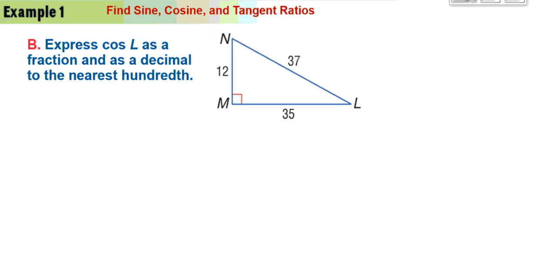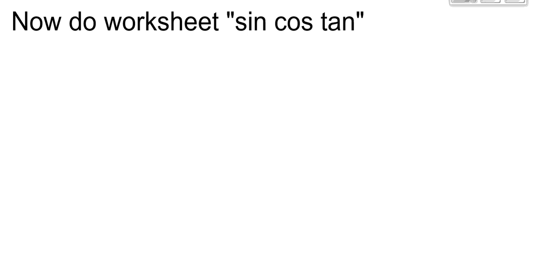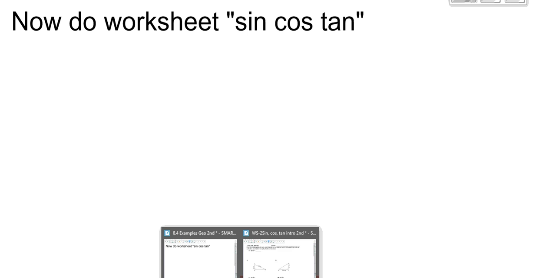Now, the next thing, and we kind of did all those on one paper. The next thing we're going to do is work on the worksheet sine, cosine, tangent. Essentially it's this same process, but maybe finding a missing side using the Pythagorean theorem.